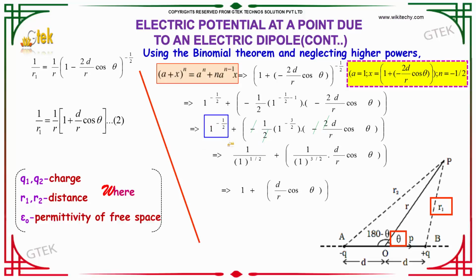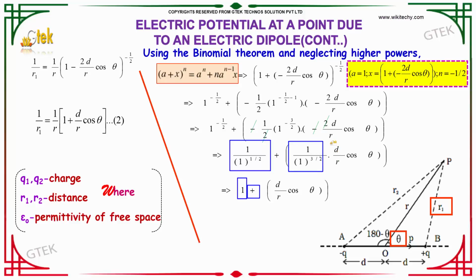So this term can be written as 1 divided by 1 to the power of 1 by 2. On cancelling these terms, we will be getting 1 divided by 1 to the power of 3 by 2 multiplied by d by r cos theta. So this term will be 1 plus this term will become 1.